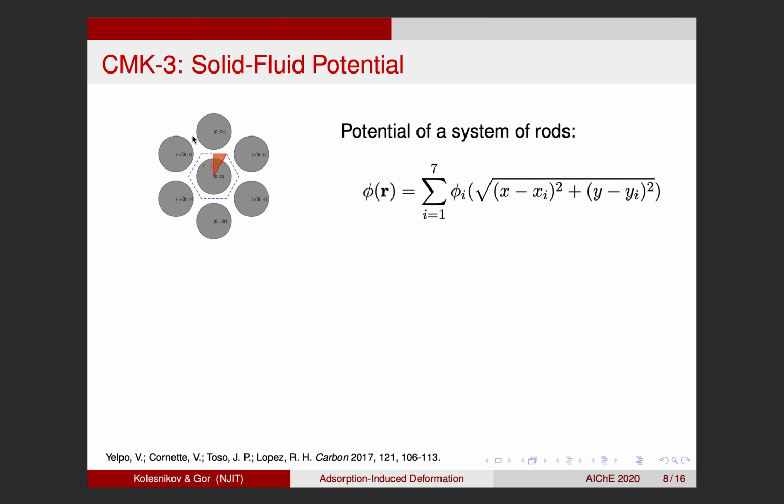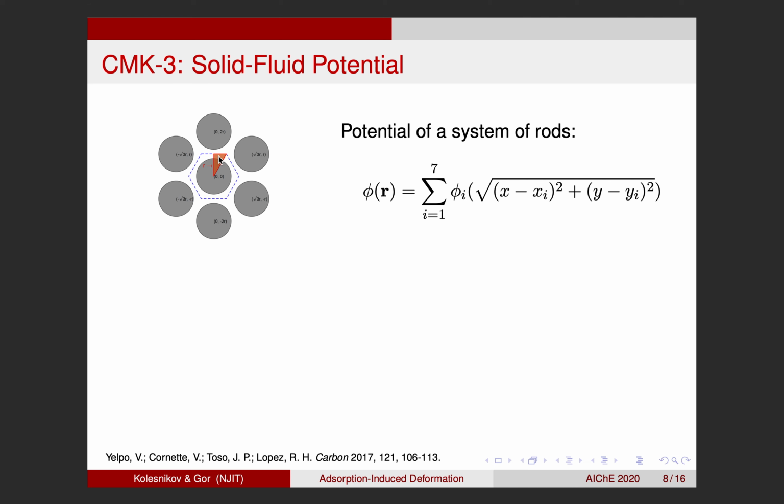So this is the system we consider, and in fact we don't need to consider the entire system because of the periodicity. We consider this red triangle here. This is the small domain where we solve the problem to find the optimum density profile.